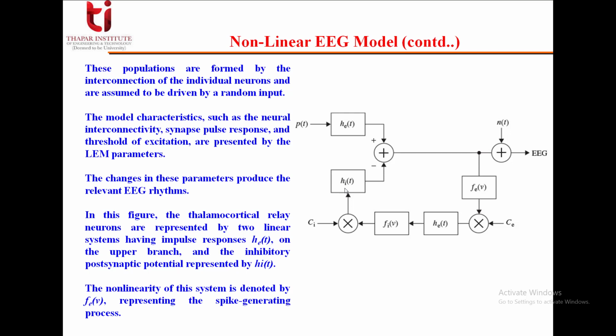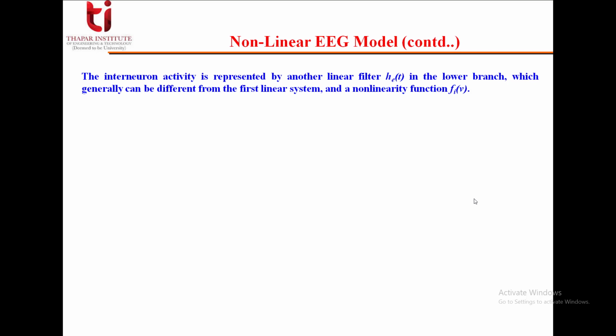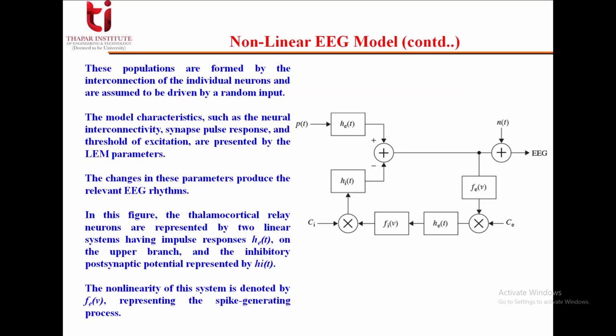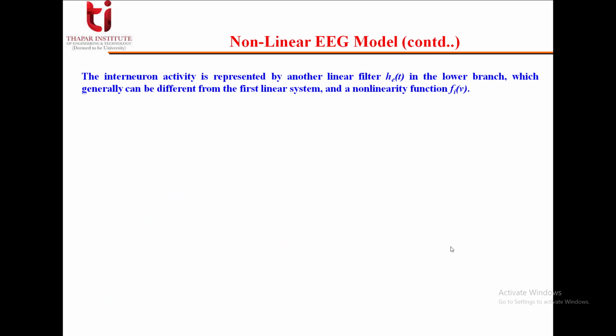The nonlinearity of the system is denoted by, you can see here, FEV, which represents the spike generating process. The interneuron activity is represented by another linear filter, that is HIT in the lower branch. As we can see here, we have another filter, which generally can be different from the first, and a nonlinearity function. Here again we have FIV.